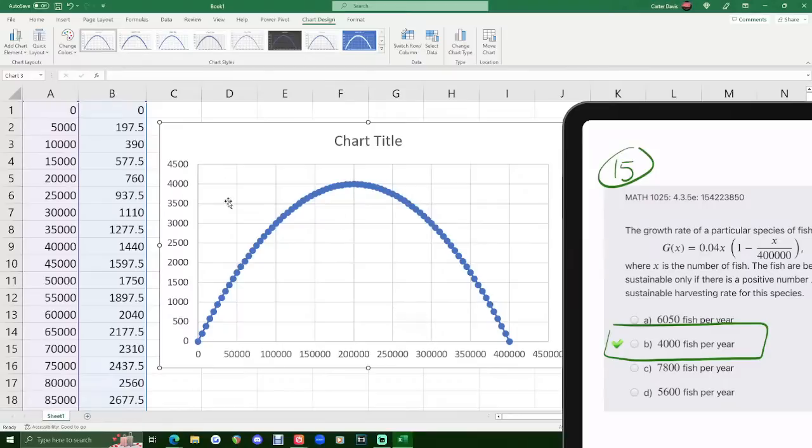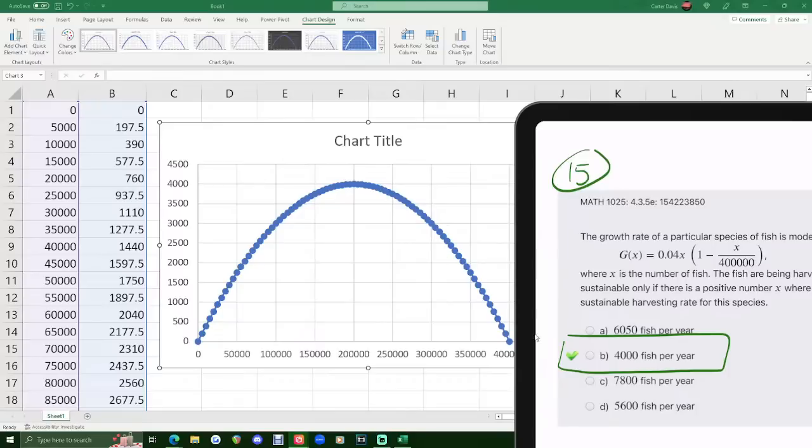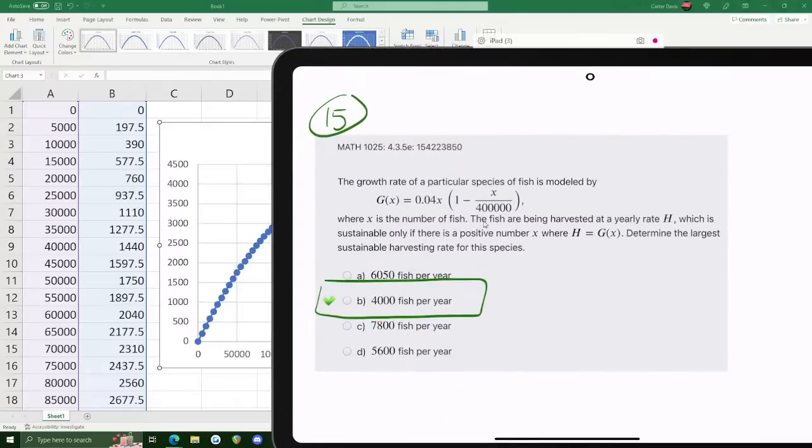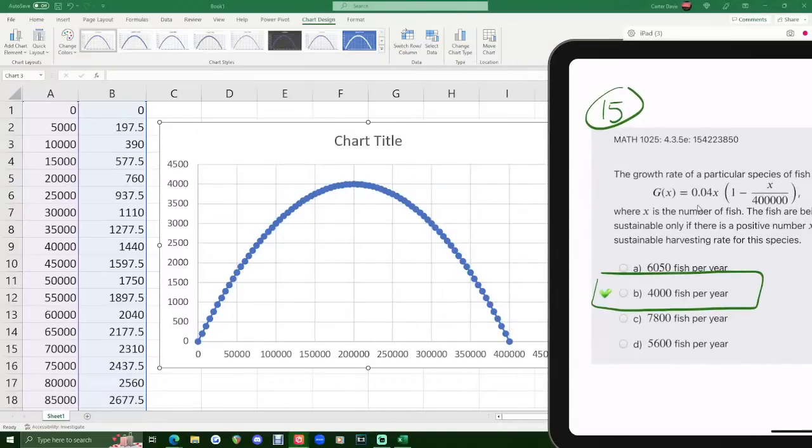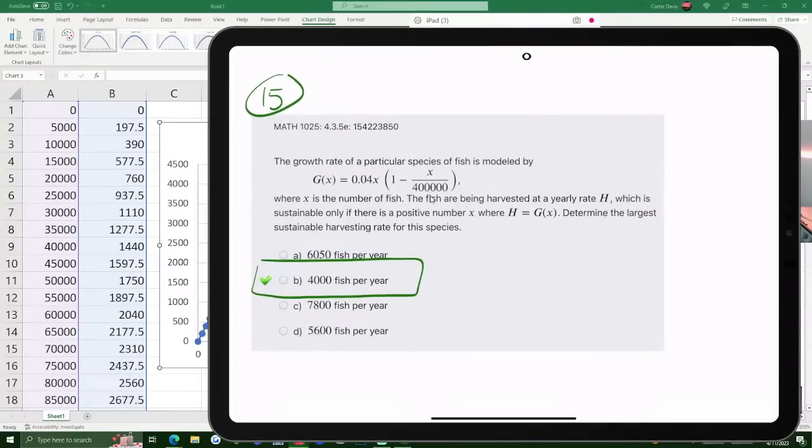So if you wanted to sort of shortcut this one even faster than how we just did it, it is always the case that halfway between 0 and 400,000, or halfway between 0 and this number here, in other words, just what is half of this number, 200,000, is always the x value where the max occurs.